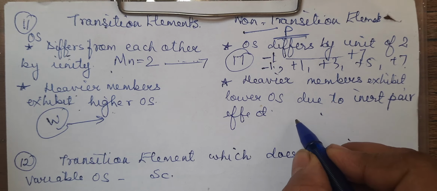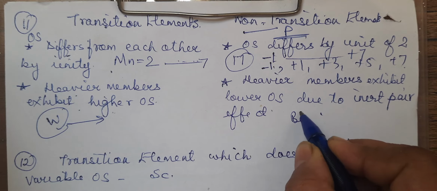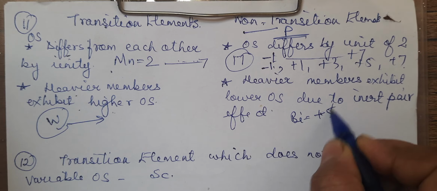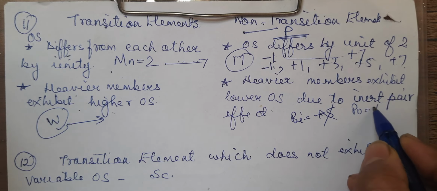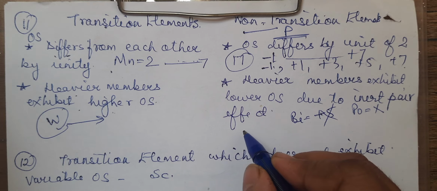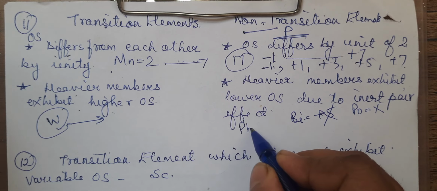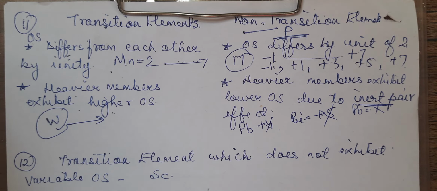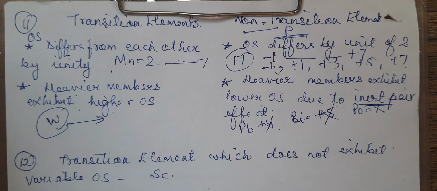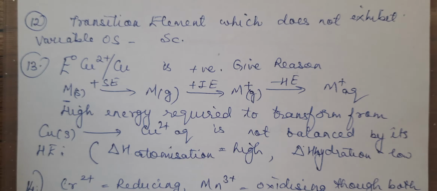Like in every group we have discussed, in 15 group bismuth cannot show +5, right? And in 16th group polonium cannot exhibit the highest oxidation state. In 14th group lead cannot exhibit +4 oxidation state. Why? Because of inert pair effect. Clear? So you will write down two differences between the two.